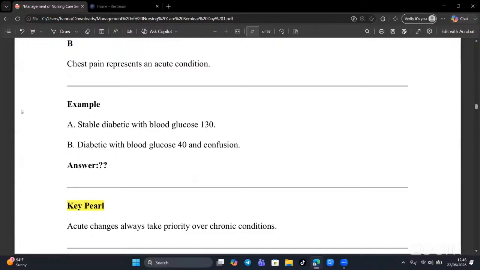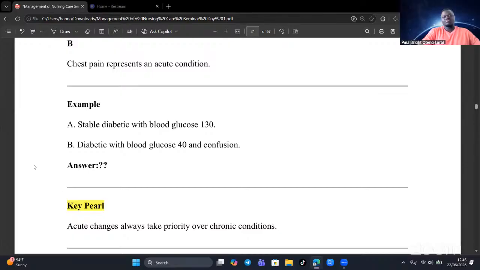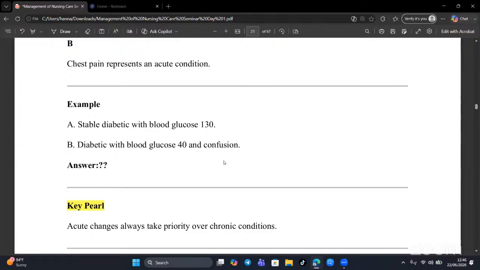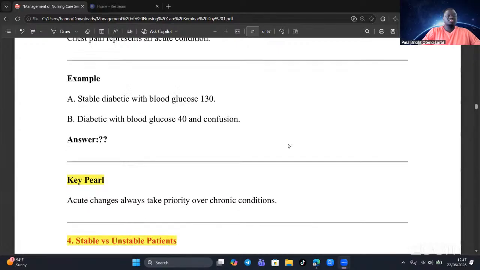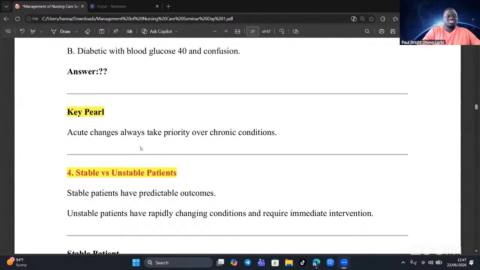B. Yes. You go for B because we are looking at stability, acute over chronic. With 130, some people will not even give insulin. This is a stable patient. So acute changes always take priority over chronic.